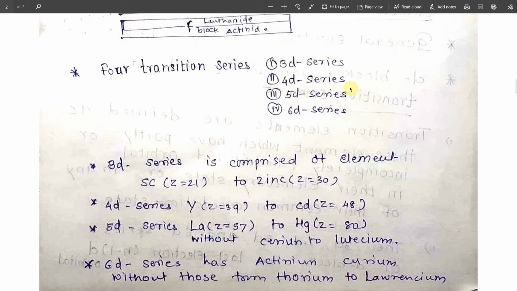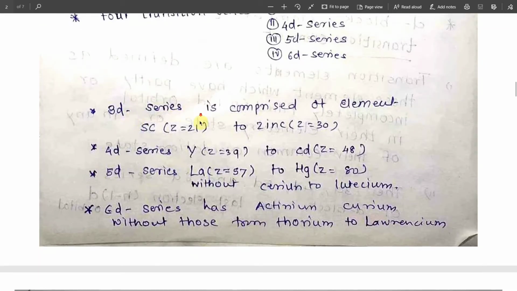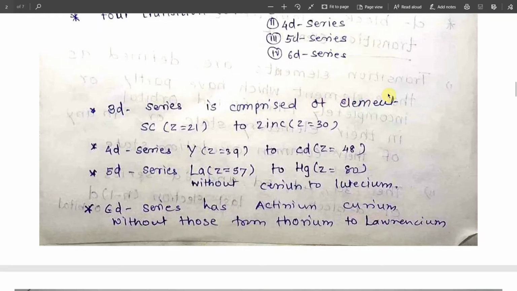You know that the last, 18th group is called the zero group element. There are four transition series: 3d series, 4d series, 5d series and 6d series.